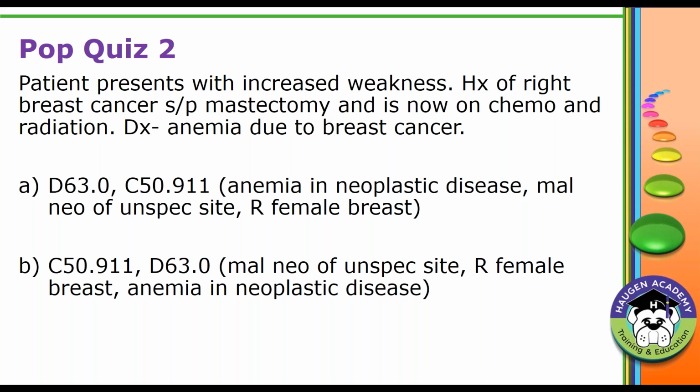So the correct answer is B, and it goes back to that coding guideline that we talked about, when the patient has anemia due to cancer and the patient is presenting for treatment of it. I'm just going to go back to the slide so we can all see it here.